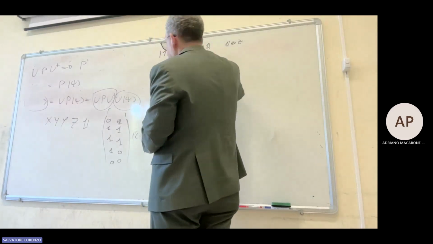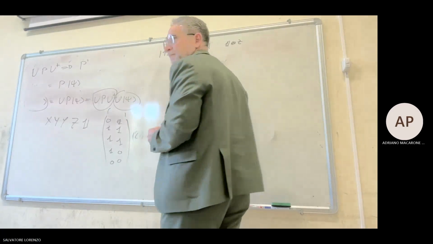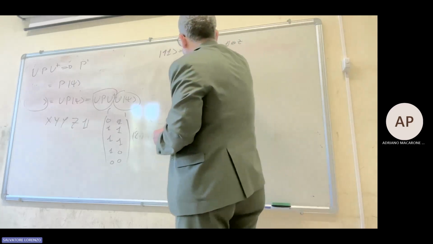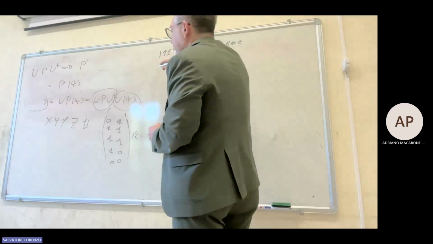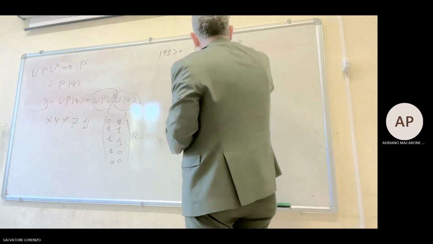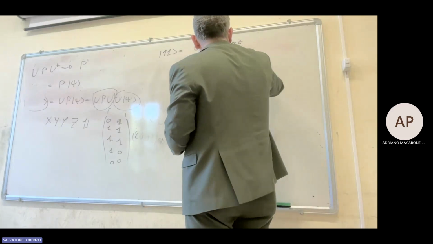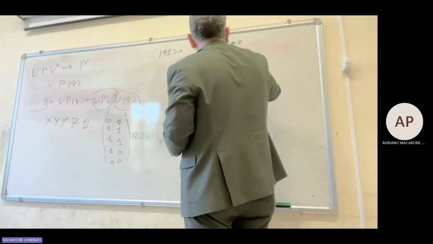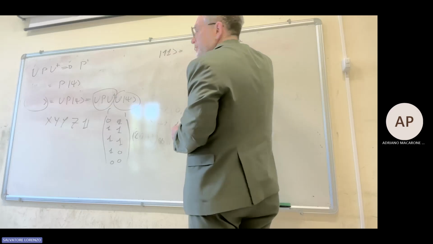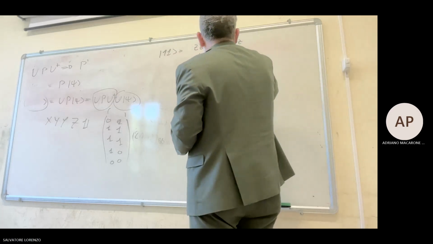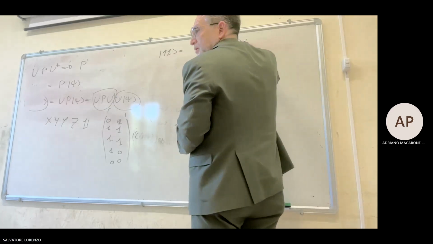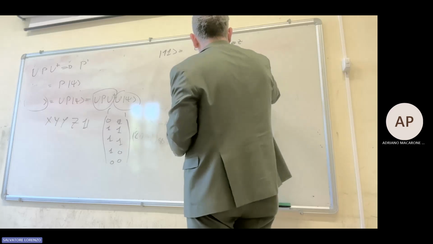The second is the identity, 0, 0. Here there is the phase, but for this one there is no phase, so we have no problem. Instead here, the first operator is the identity, 0, 0. The second operator is Z, and so here it is 1, 0.